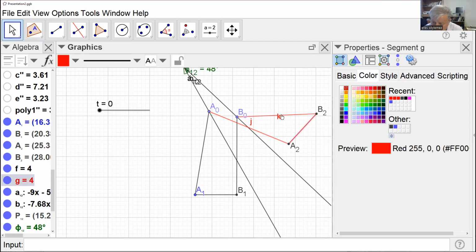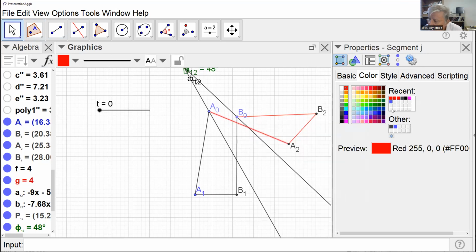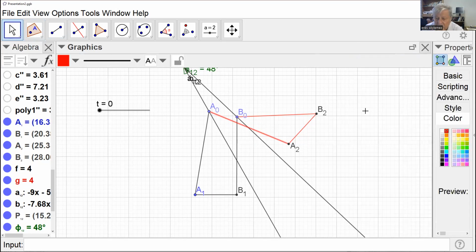For the second position, I made it red. Now my claim is that A0, A1, B1, B0 will also exist as a 4-bar at A0, A2, B2, B0. Let us prove that.